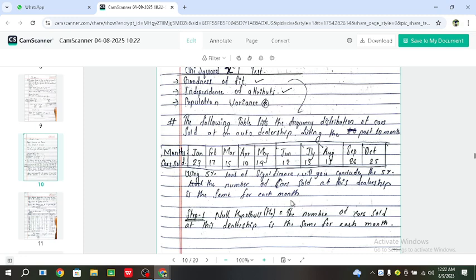Let's start from step number one. The question is given like this, but how to do the solution we don't know yet. Here the level of significance is 5%, and we have to conclude that at the 5% level the number of cars sold at the dealership is the same in each month, January, February and so on.